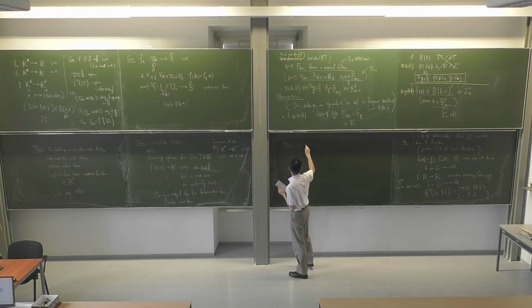Over RCA 0, the Poincare equivalent, weak Konig's lemma.